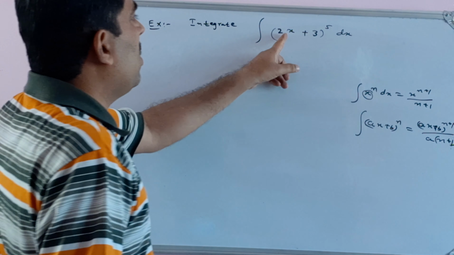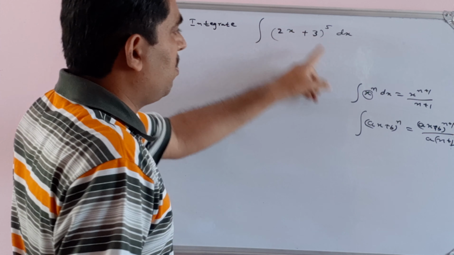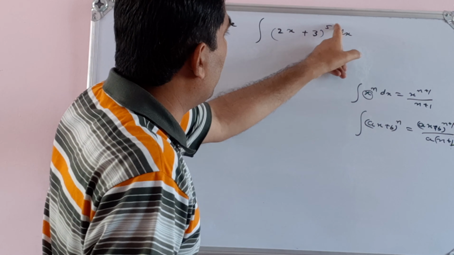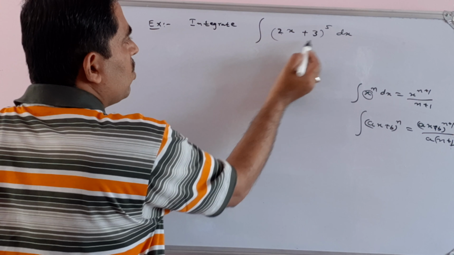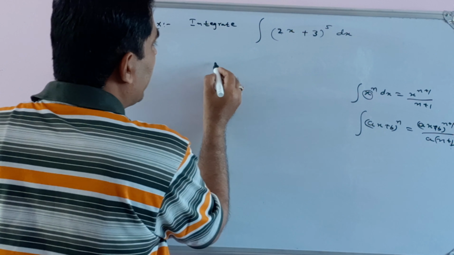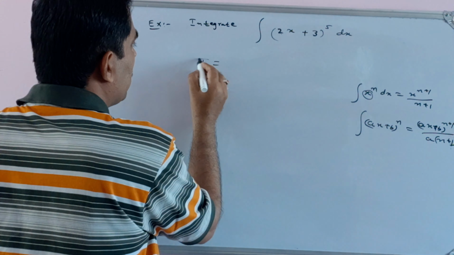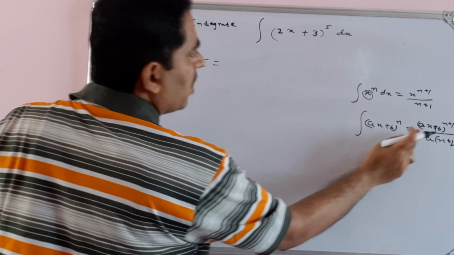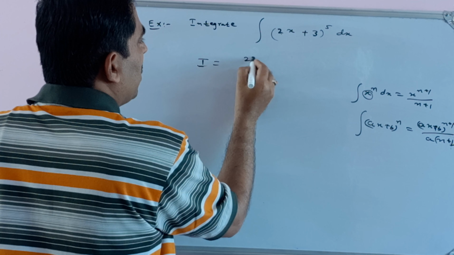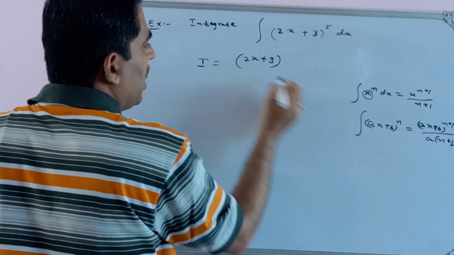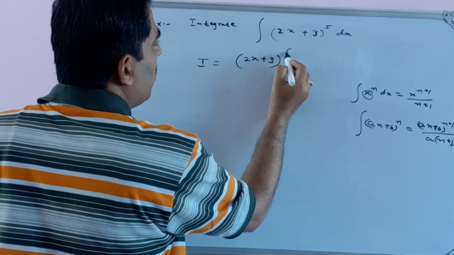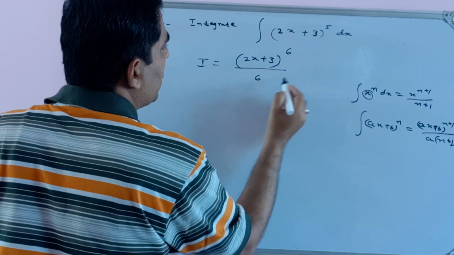Here it is of the form ax plus b whole to the power of n, where a is 2 and b is 3. So directly I can integrate it. Integration of this is ax plus b whole to the power of n plus 1, that is 5 plus 1 is 6, divided by n plus 1, that is 6.